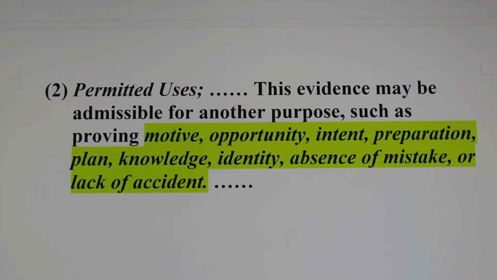So if the question is whether this other crime evidence is admissible, the answer is: it depends. If it is used as character evidence, it is not permitted. But if it is used for a permissible purpose, such as motive, opportunity, identity, absence of mistake, or lack of accident, that would be permitted.